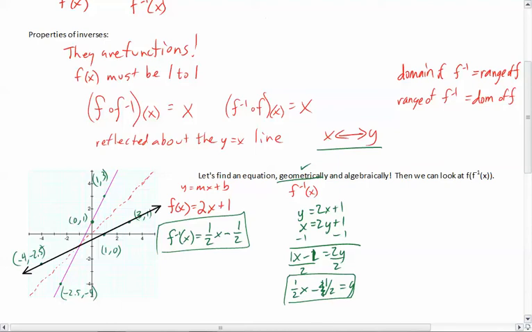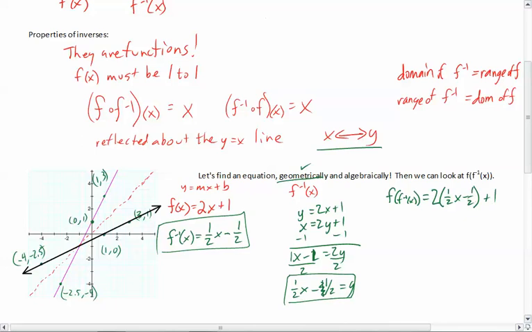If this is really the inverse, we should be able to do f of f inverse, and it should get rid of everything. So let's take the original function, and put f inverse inside. That's 2 times x, but instead of x, we're going to put f inverse: 2 times (1/2 x minus 1/2), and then plus 1.